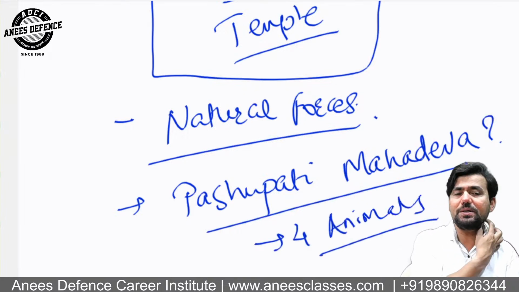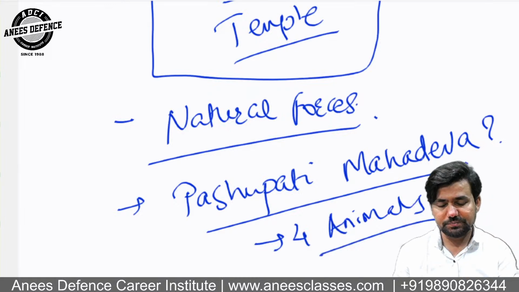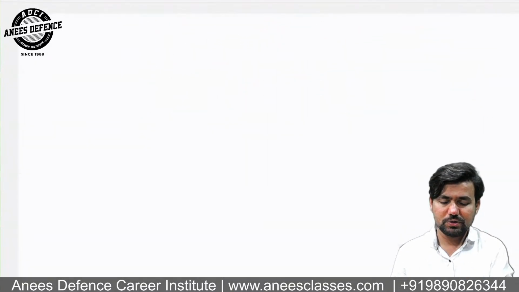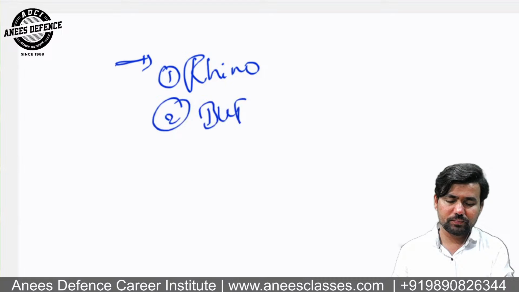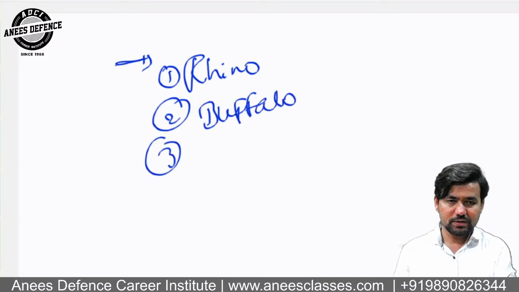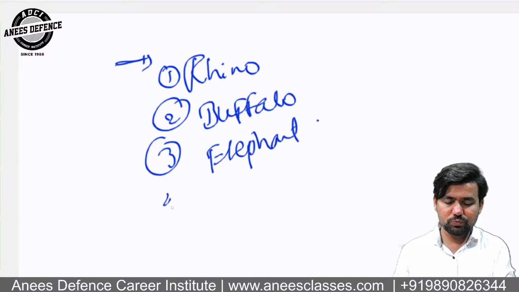Which are those 4 animals? One animal Sir has already mentioned. It was rhino. Rhino was the first animal. Second animal was buffalo. Third animal mentioned around the Pashupati Mahadeva was elephant. And the third one was lion.